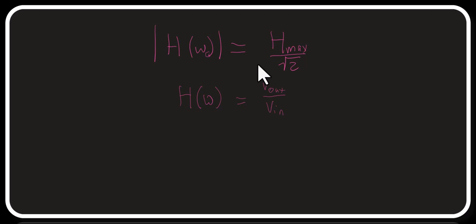Now, let's say that we have maximum v out, so v out is as big as it can be. Well, if v out is as big as it can be, then h is also as big as it can be. So h max of omega equals v out max of omega over vn of omega.